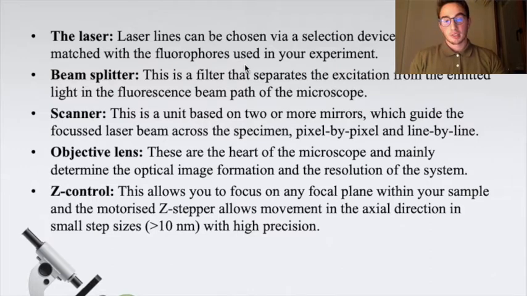Beam splitter, as we know from optical diagrams, is a filter that separates the excitation from the emitted light in the fluorescence beam path of the microscope. Scanner, this is a unit based on two or more mirrors which guide the focused laser beam across the specimen, pixel by pixel and line by line.